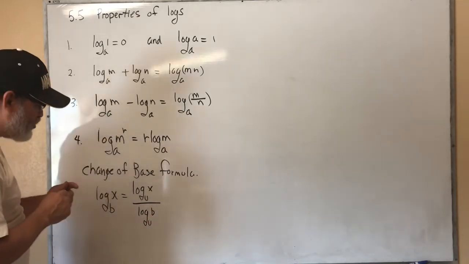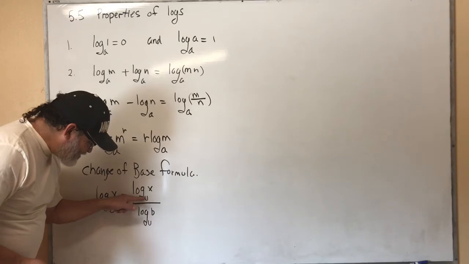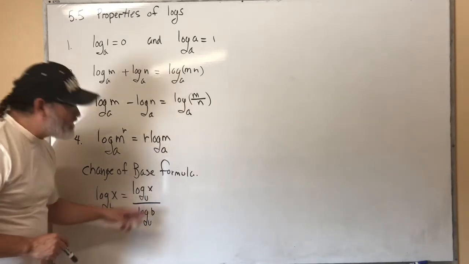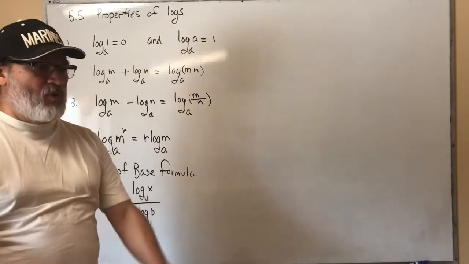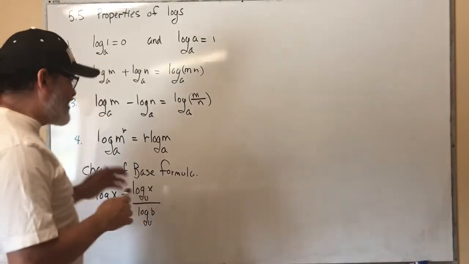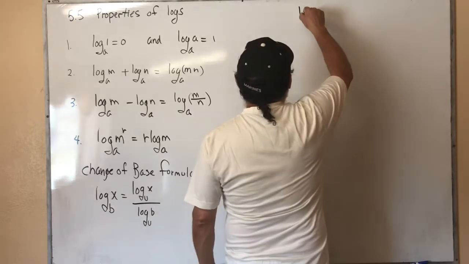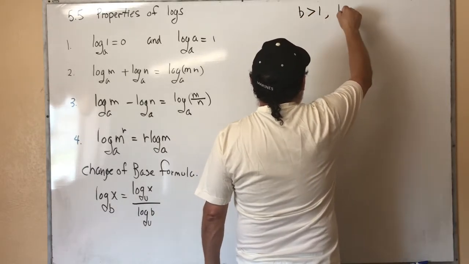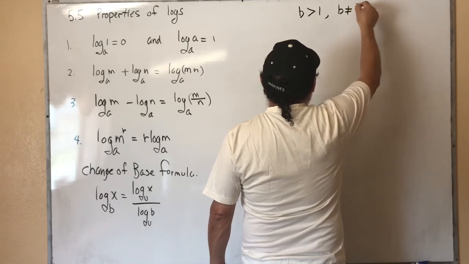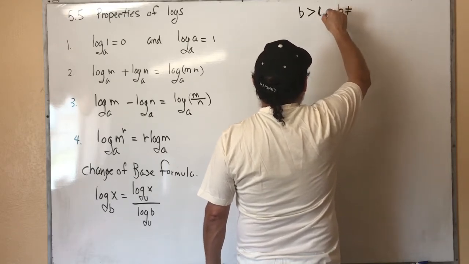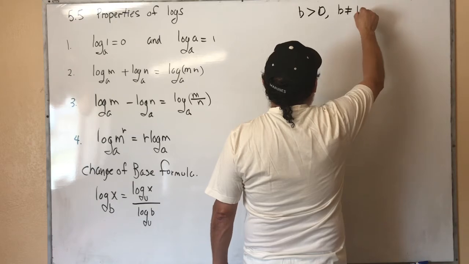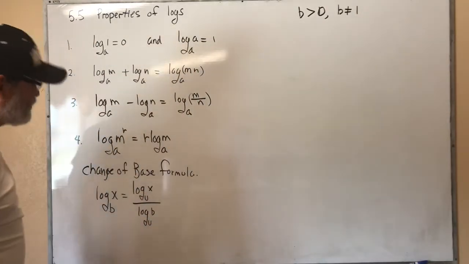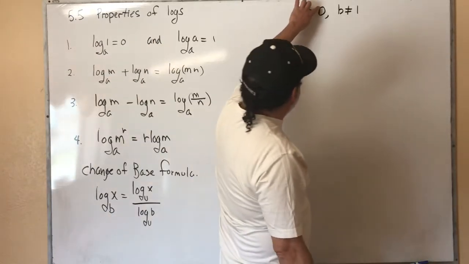The reason I use u is because this u, the same u, is what you want. Whatever you choose, as long as the base is greater than 0 and the base is not equal to 1, you're okay.